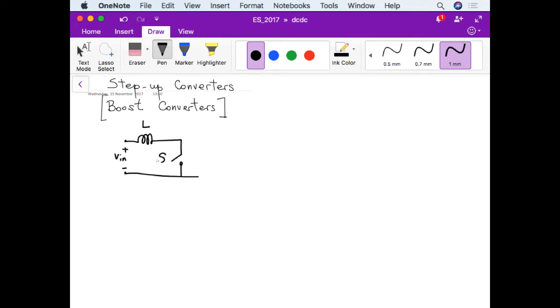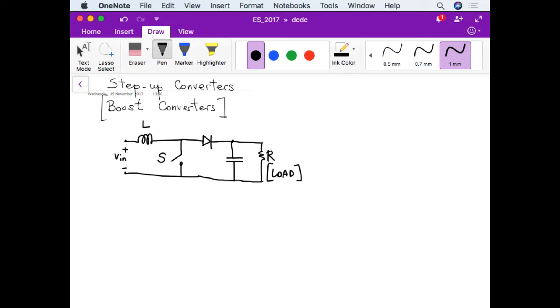The switch is S, then we have a diode and a capacitor, and then at the output we have the load, which we can represent as a resistor for simplicity. So this is the load.